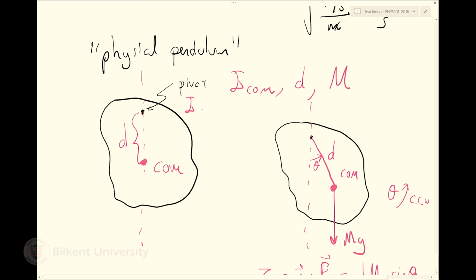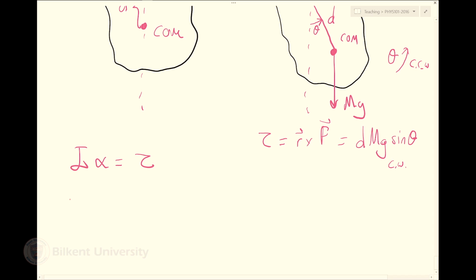If I know I center of mass, there was the parallel axis theorem, m d squared. So now I can write I center of mass plus m d squared times d squared theta dt squared is minus, because clockwise and counterclockwise are opposing directions, d m g sine theta.